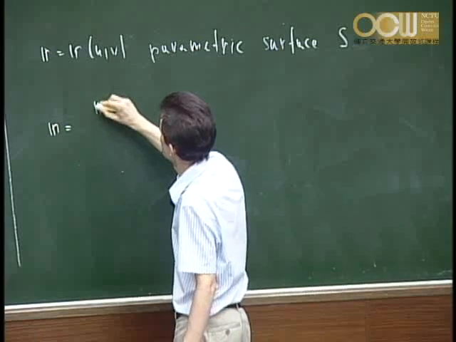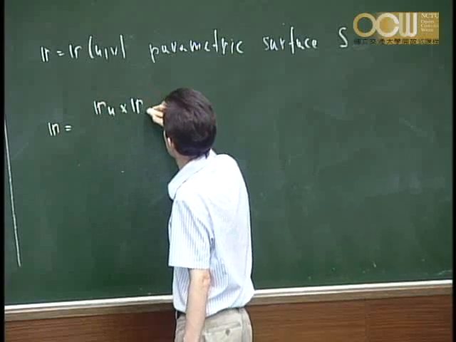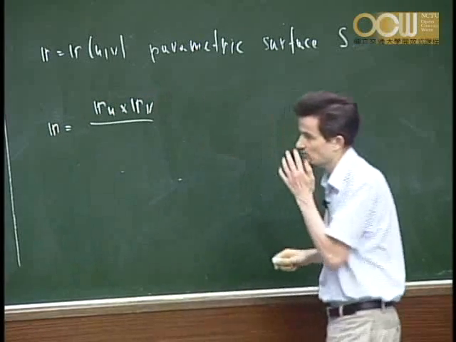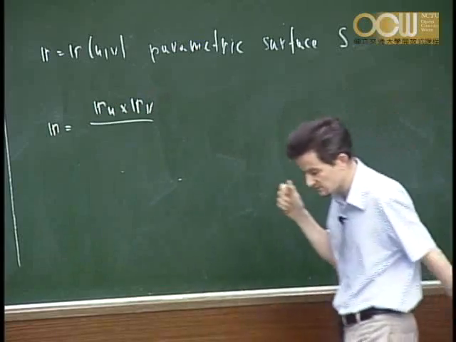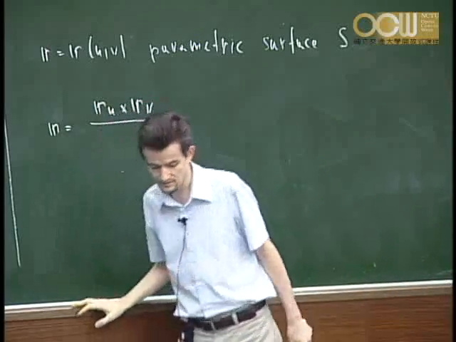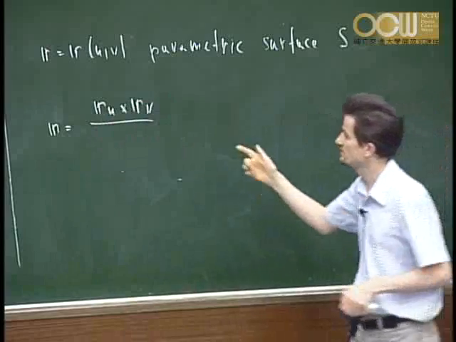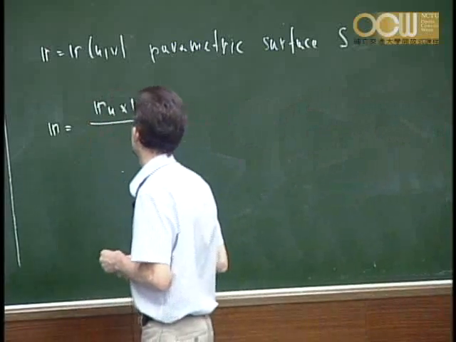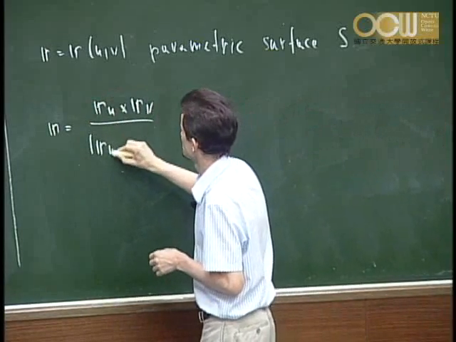You just choose this vector here. This vector is orthogonal to the tangent plane, so you divide it by its length to get a unit vector.